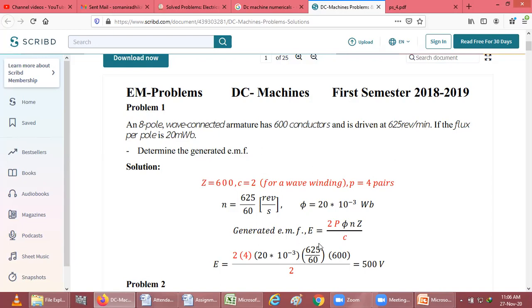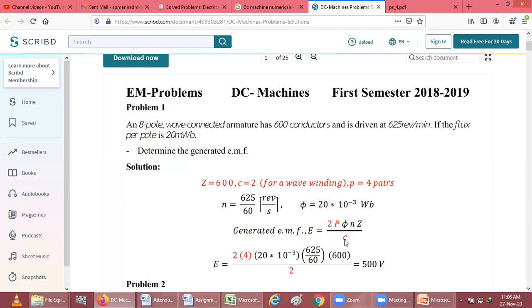So you can write directly E equals P phi N Z upon 60A, or you can convert capital N to small n. If you are converting, there is no need to write 60 in the denominator. So you can take n P phi Z upon A.